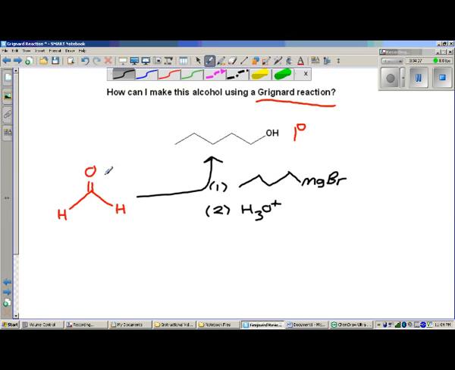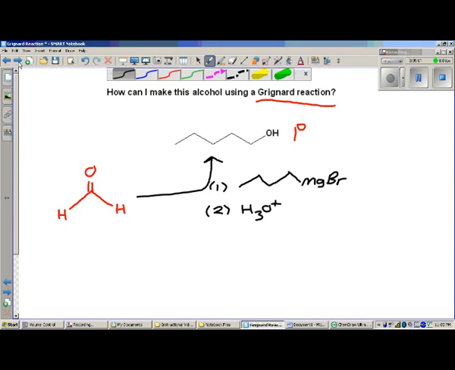So what we've done is we've shown, well, we needed a primary alcohol, so we have to start with formaldehyde. And then because this has 1 carbon and we have 5 in our product, we needed to add 4. So this guy literally comes along here, attacks the carbonyl, kicks the electrons up onto oxygen, which then protonates with H3O+ and gives us this. If we wanted a secondary alcohol, of course, we would start from an aldehyde, and then we just add in our Grignard reagent. It does get more complicated, though.